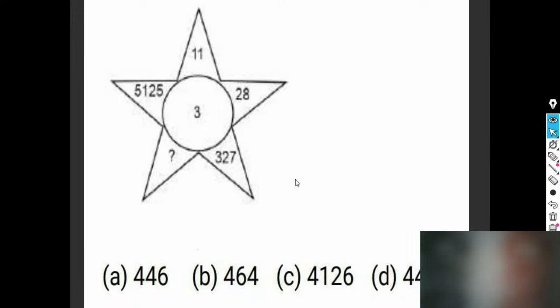Okay, next one. A star is given. Last option is triple four.